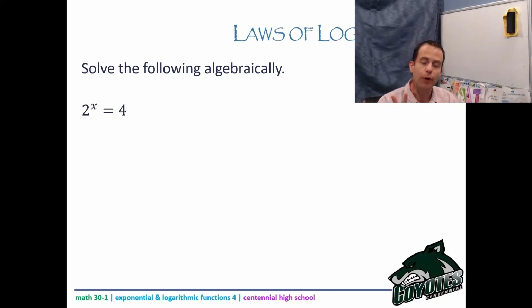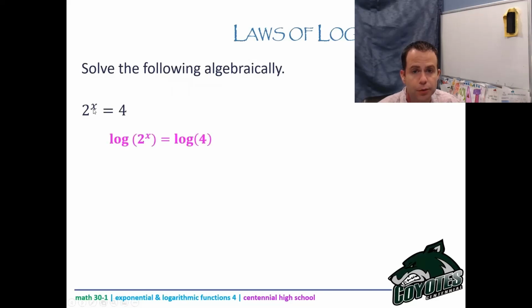The point is, with algebra, as long as you do the same thing to both sides of the equation, you're not changing the equality statement. Just like I could add 5 to both sides, I can take the log of both sides. Taking the log is just a mathematical operation, so as long as I do it to both sides, I'm not changing the equality.